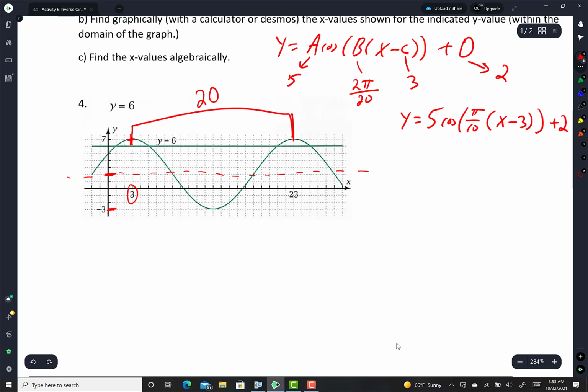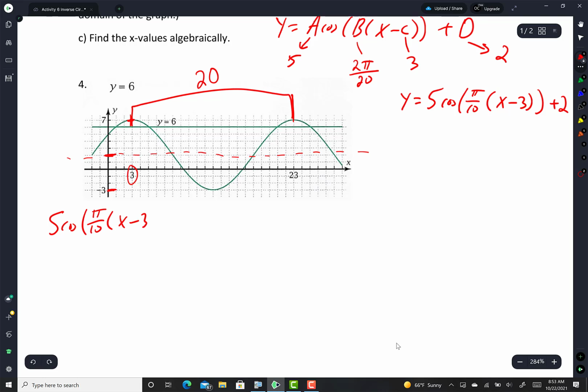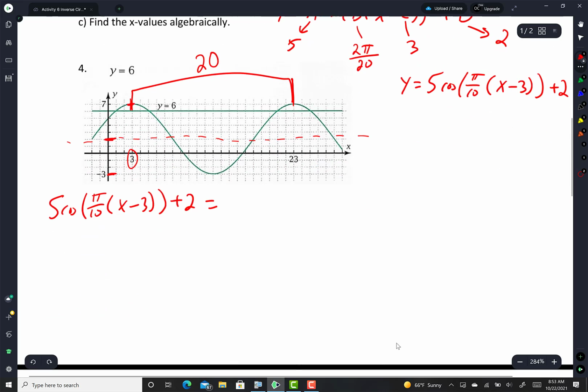All right, here we go. Find the x values algebraically. So here's where we do all that stuff. So I'm going to write 5 cosine of pi over 10 times (x minus 3) plus 2 equals 6. All ready? First, I do what? Yeah, subtract 2, right?